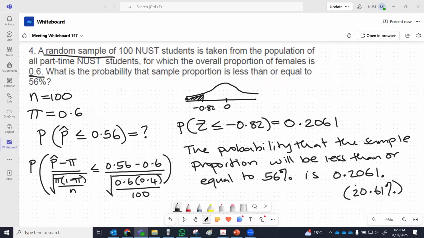You don't have to write both of them. You can write either one, or you write it as a fraction, okay? And that is everything on the sampling distribution for the sample proportion, okay?